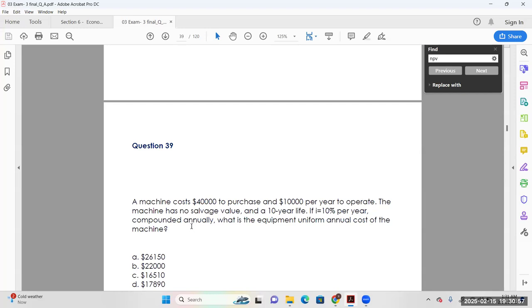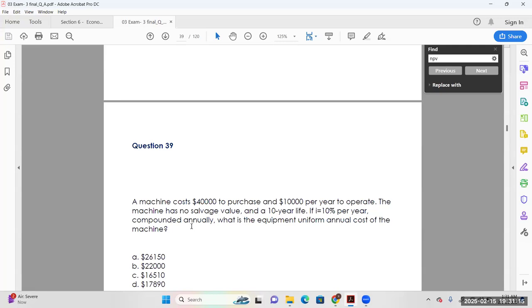I think basically I will change this 10,000 over 10 years with the interest of 10% to the present value, and I will add this 40,000. Then I will calculate it as the annuity.